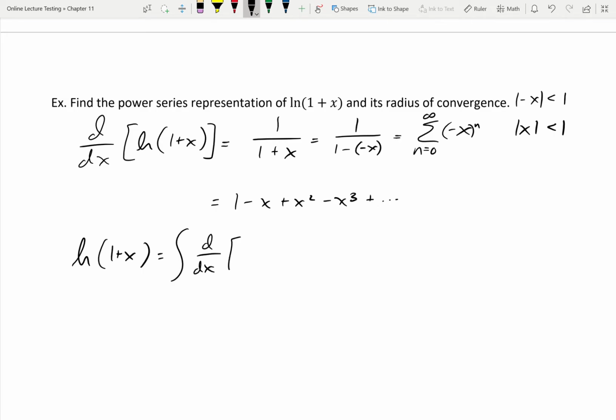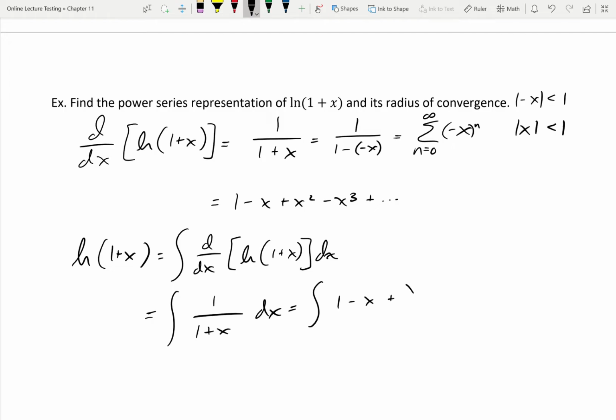So let's write that. We're undoing our derivative. Well, we found out the derivative is the integral of 1 over 1 plus x dx. So we already know that, and its power series representation is 1 minus x plus x squared minus x cubed plus so on dx.